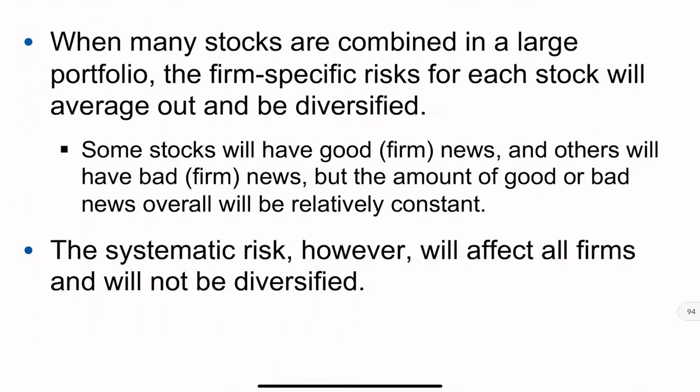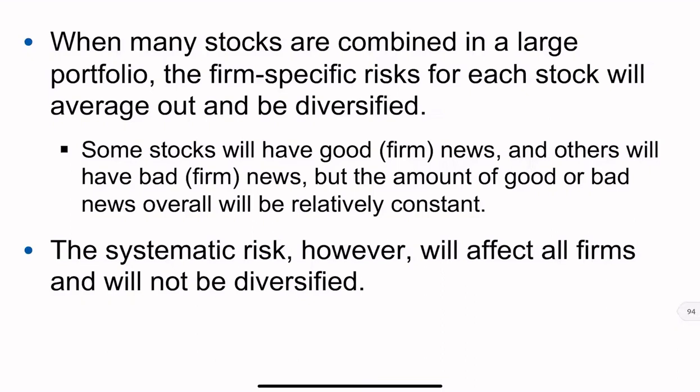Okay, now we can finally talk about diversification among stock portfolios. If you combine many stocks into a large portfolio, you can get the benefit of diversification. The intuition is that some firms will have good news, and some other firms will have bad news.